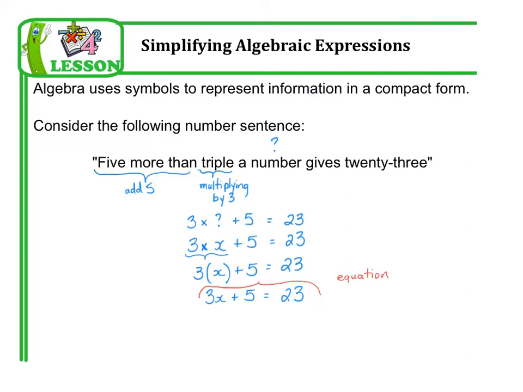If I just look at this part, okay, 3x plus 5, it's an algebraic expression. And that algebraic expression has two parts to it. It has the 3x part, and it has the plus 5 part. And those are called terms.